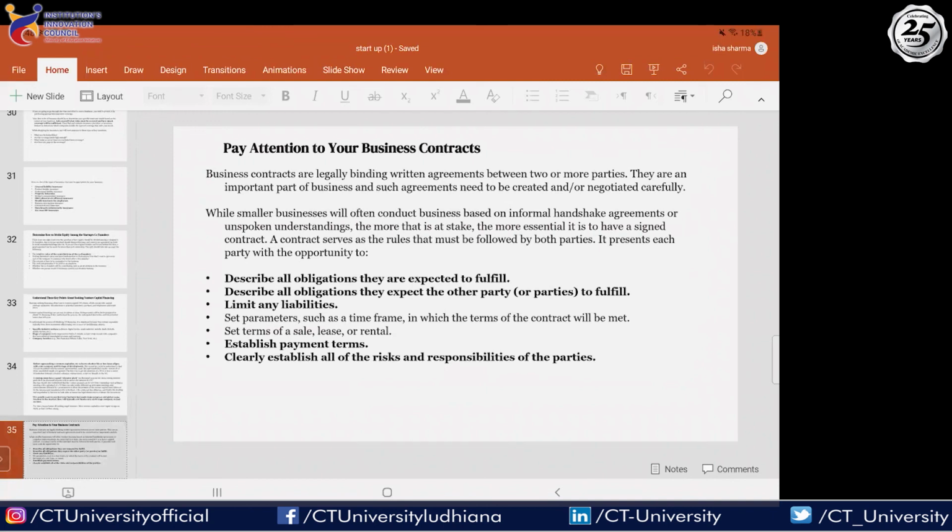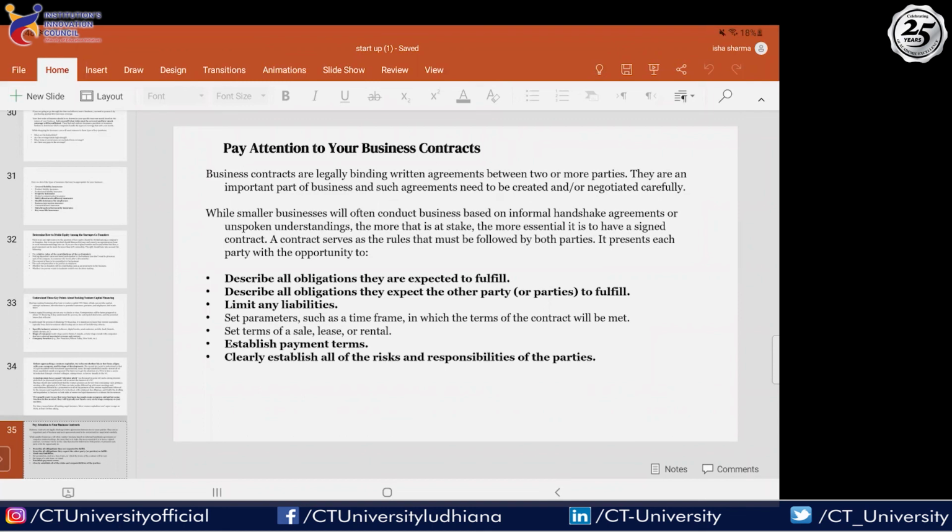In your business contracts, as I was discussing, whether it is related to co-founders, investors, or employees, there are certain things which you have to specifically focus on. That would be the obligation, role and responsibility that you're expecting from the other party to fulfill. What are the liabilities associated with that contract?